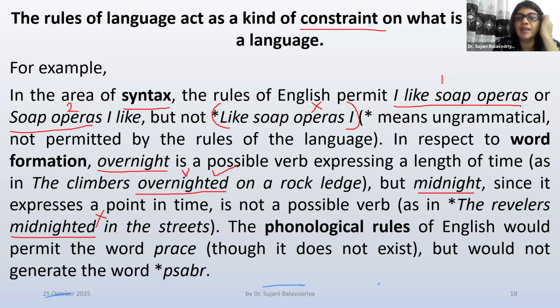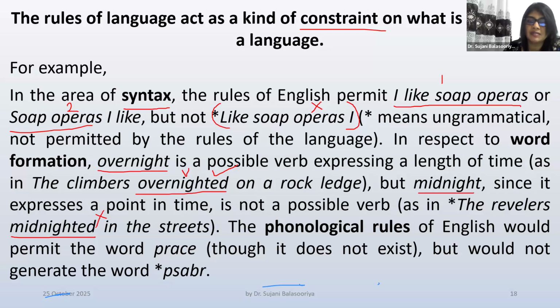If you are not fully aware of the word formation and their meanings, how particular types of suffixes are used to make sense, what their meanings are, of course, you might make this kind of mistakes, so that they are ungrammatical or nonsensical. That is another way we can understand how grammar rules function as constraints.